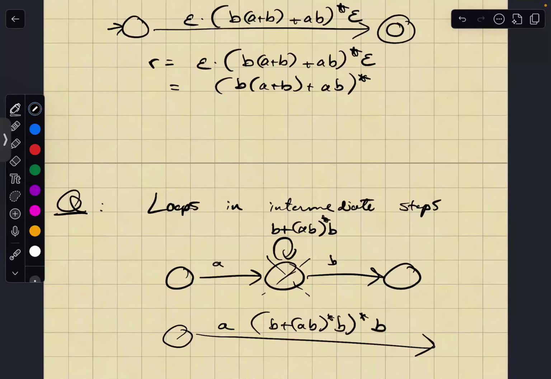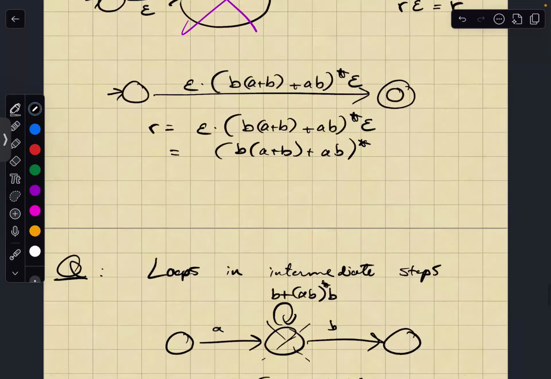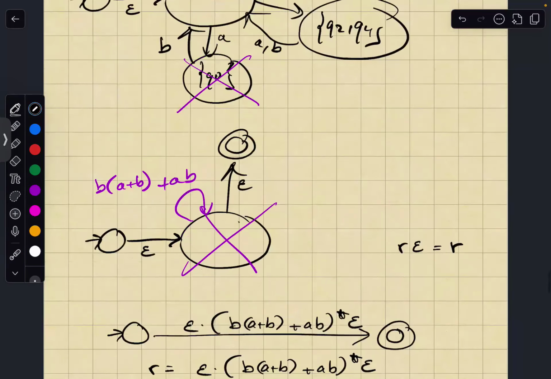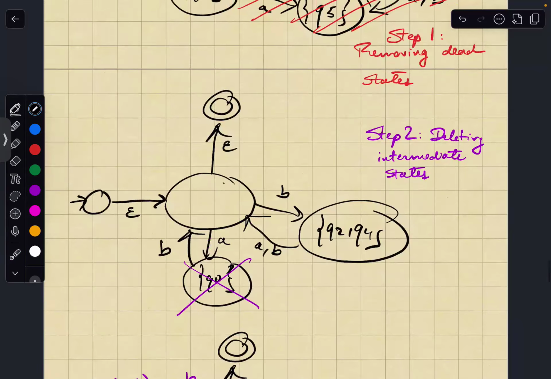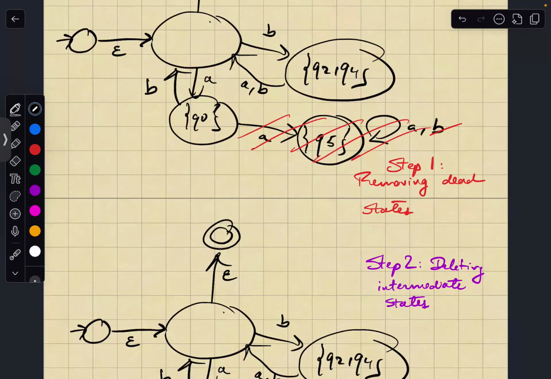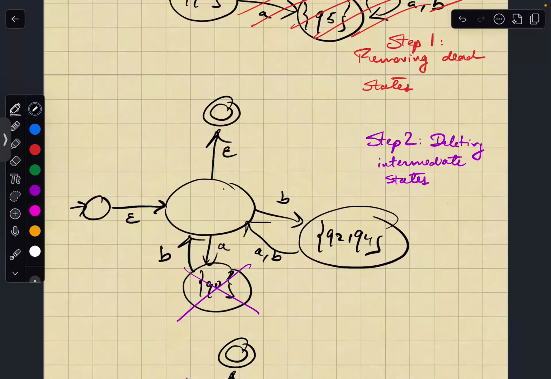You could go B and then you go A or B. But you can also go B, A, and then B, B. But we don't count that separately.